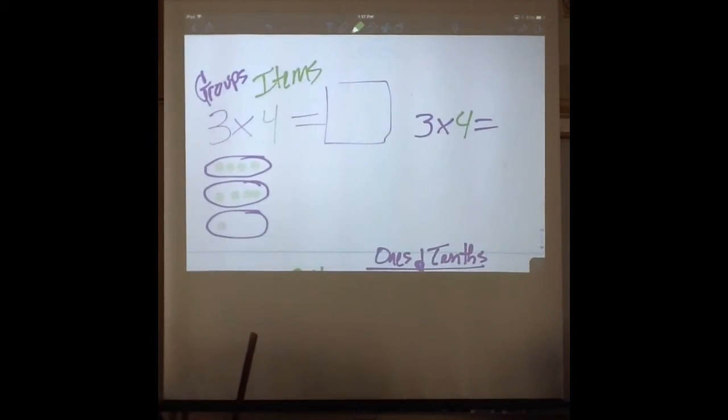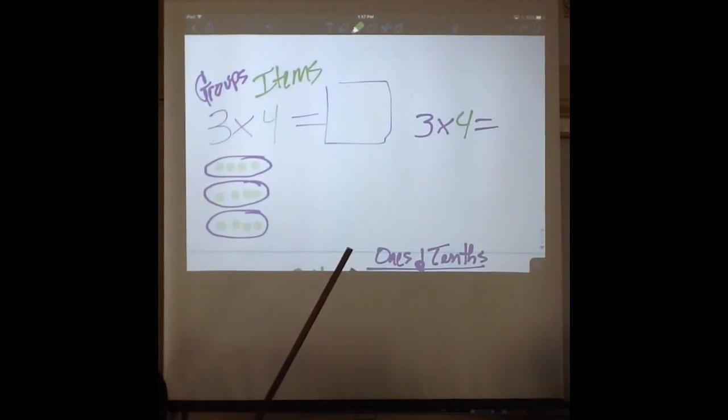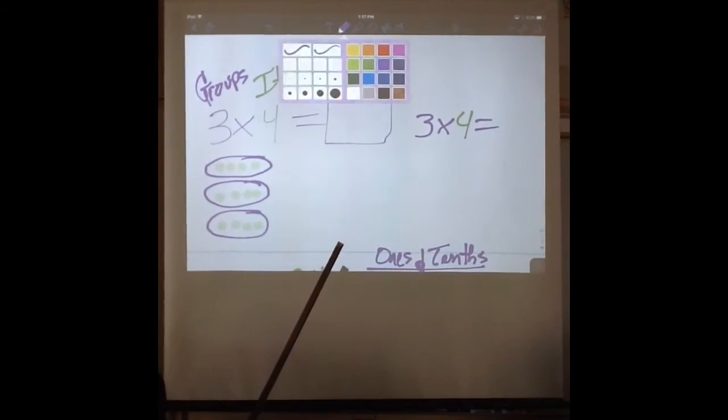Do you see all 4 items in each group? I hope that they're easy to see. I have 4, 4, and 4. How many items, and what's going to go in the box over here? Does anybody remember? 12.